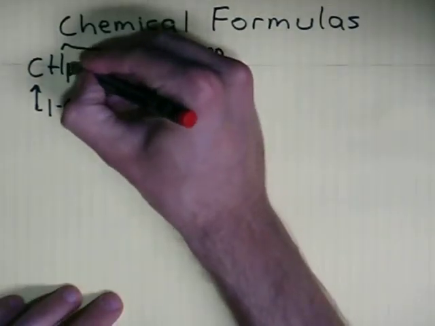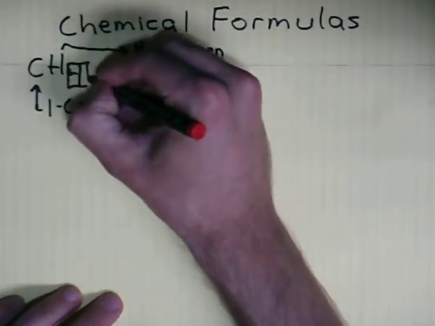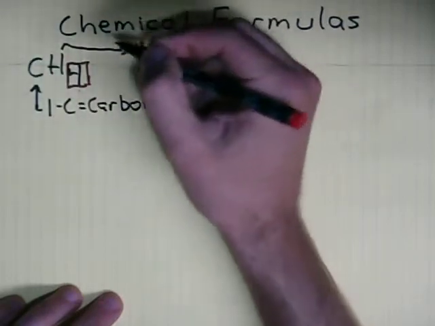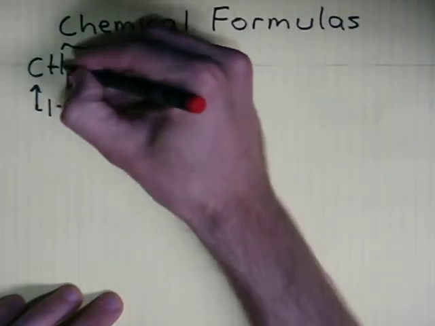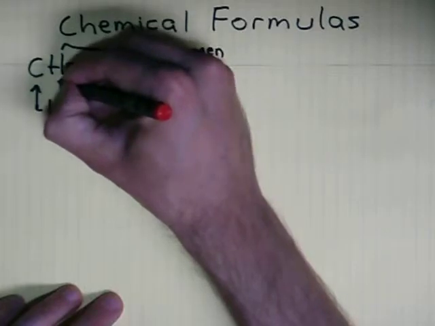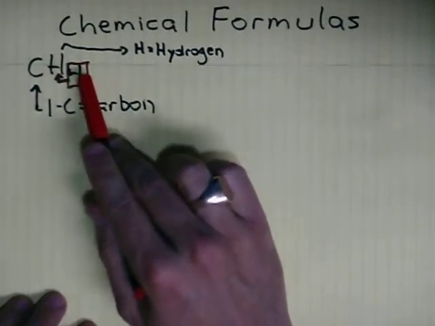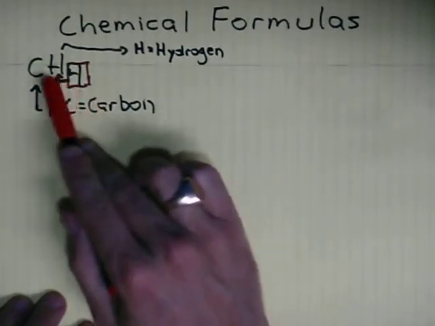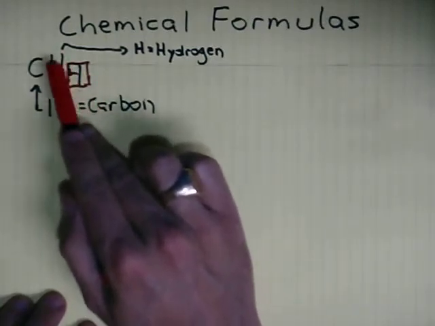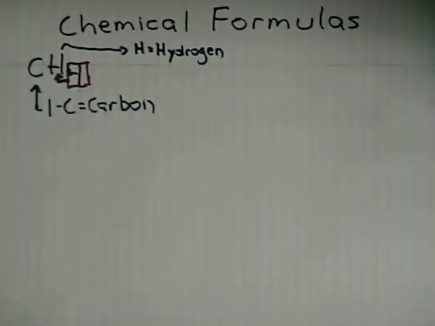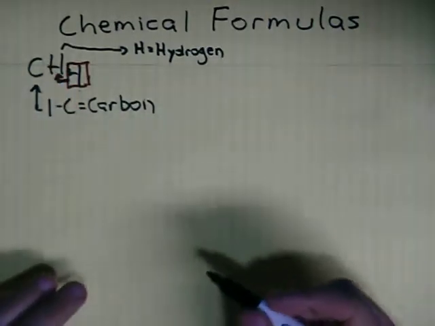This 4, which is down at the bottom right of the H, tells us that we have 4 of those H's. This number tells us how many of whatever is up and to the left that we have. So in this case, 4 H's.